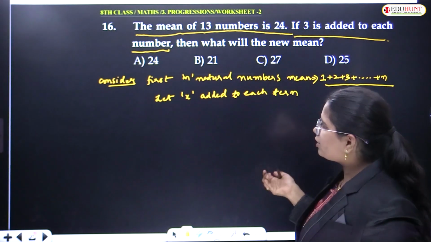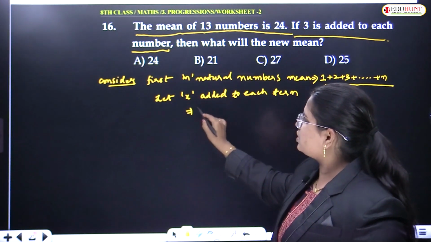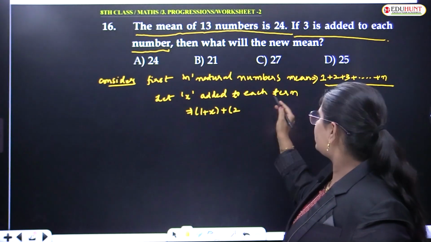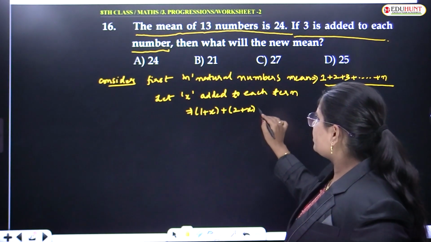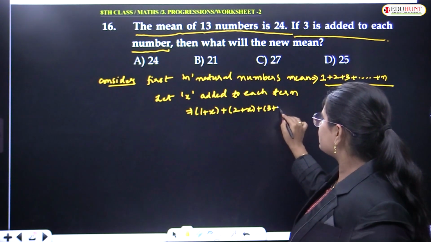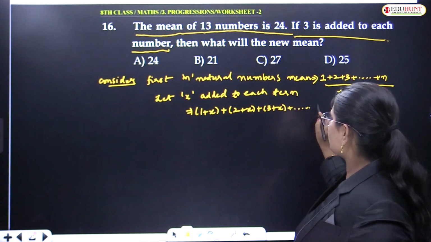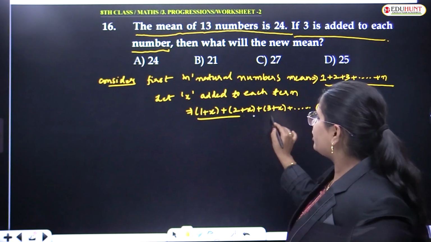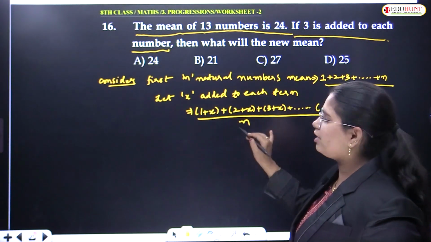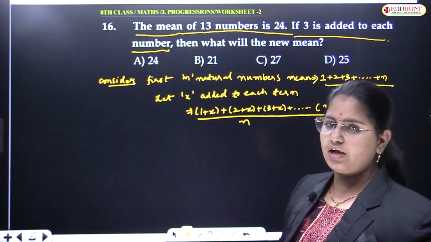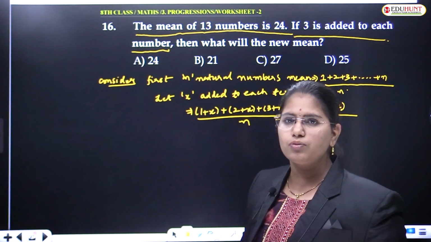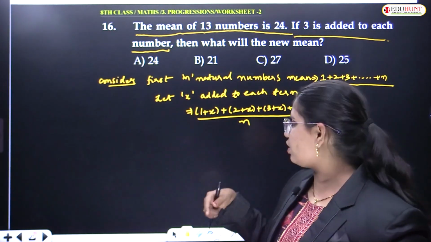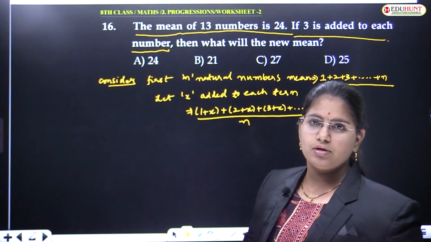So, what will I get? 1 plus x, the second one is 2 plus x, next 3 plus x, and so on up to n plus x, divided by n. If I add x to each term, even then I will have n observations only, so I keep n.